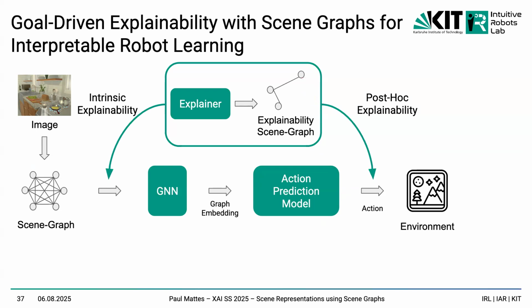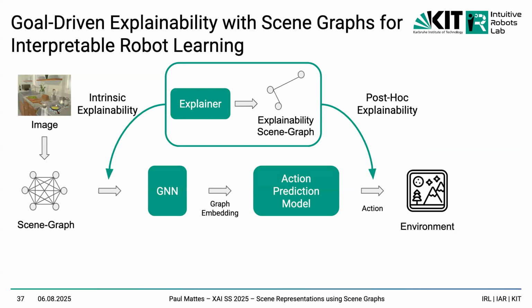So this means if we have this fully connected scene graph, we first want to sparsify, right? Because a fully connected graph does not tell me much, but I could use some other GNN layers to say, okay, cut some of the edges and tell me which nodes for this task are important and which are not.